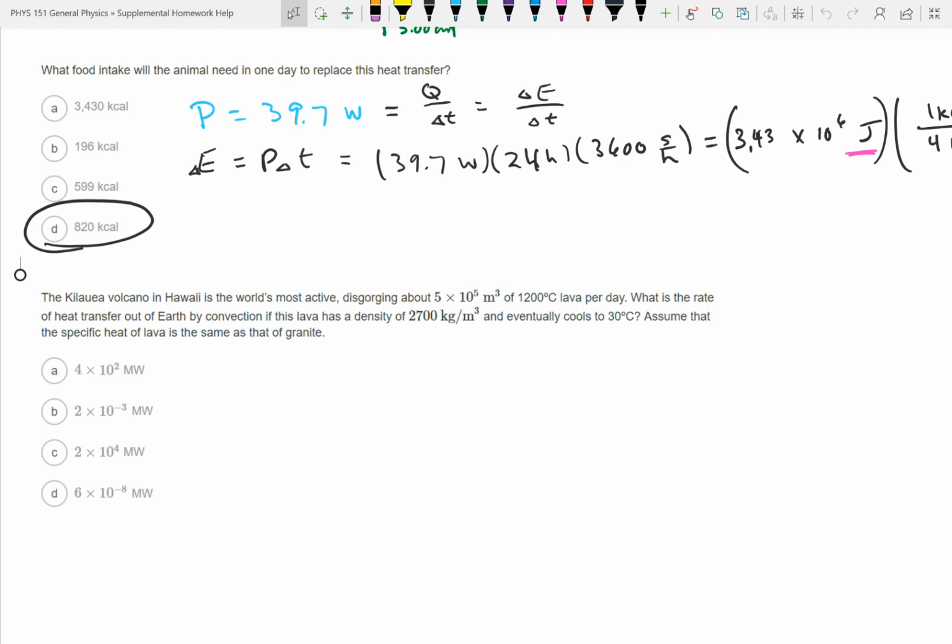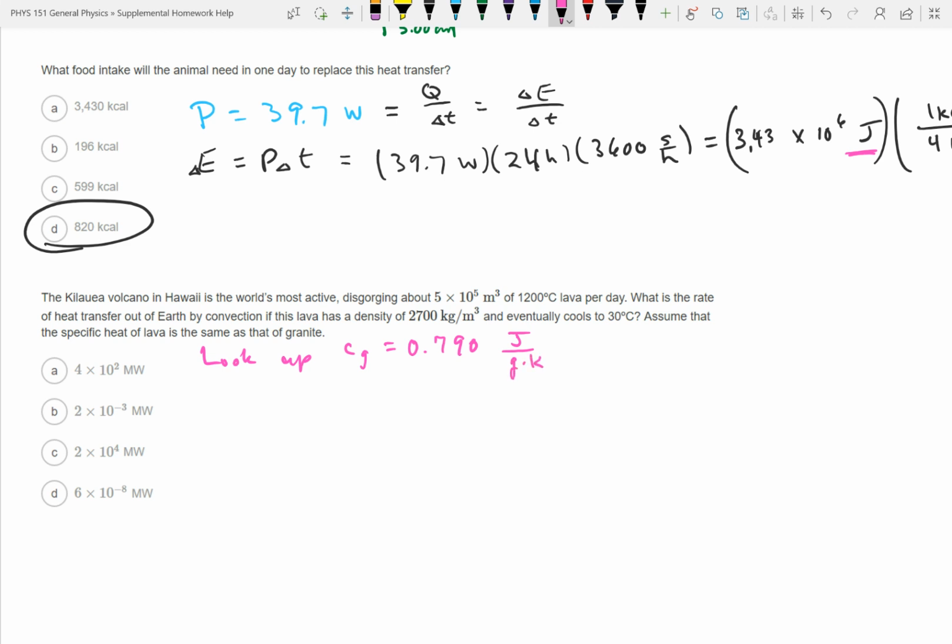Okay, so we're going to look up the specific heat for that, and it'll be Q equals K multiplied by the specific heat multiplied by the change in temperature, right? That's the equation we'll use. Maybe not. Specific heat of granite is 0.790 joules per gram times Kelvin.